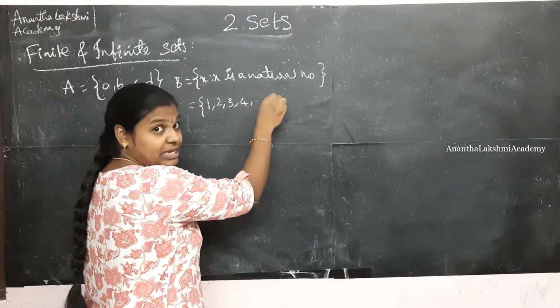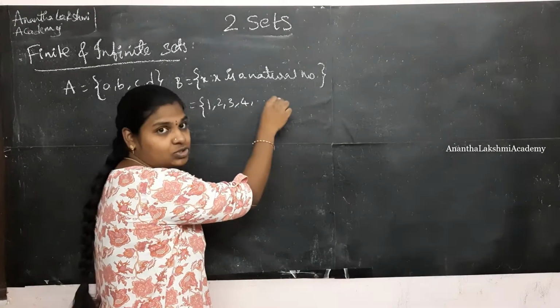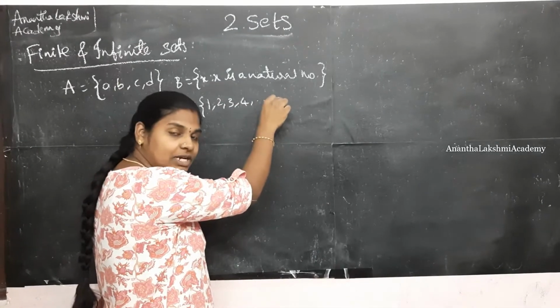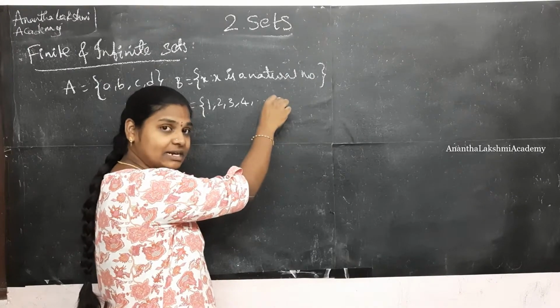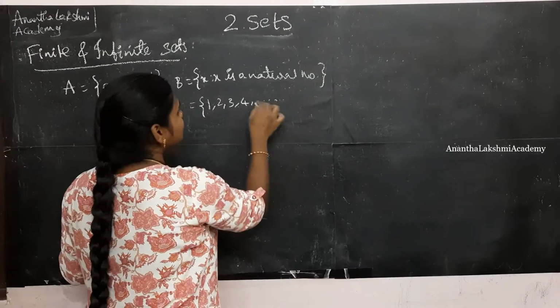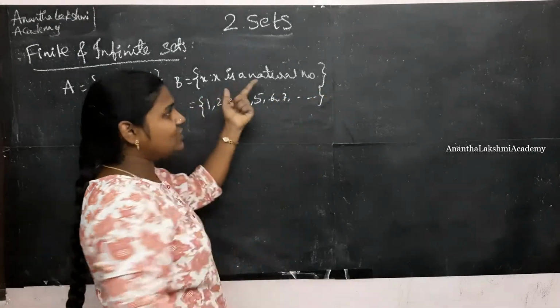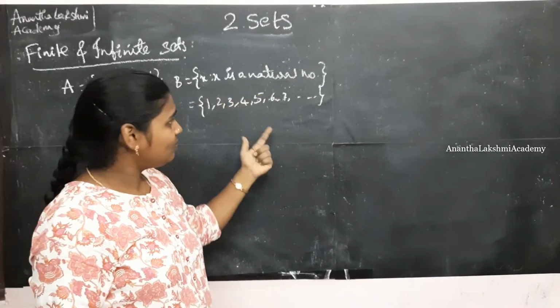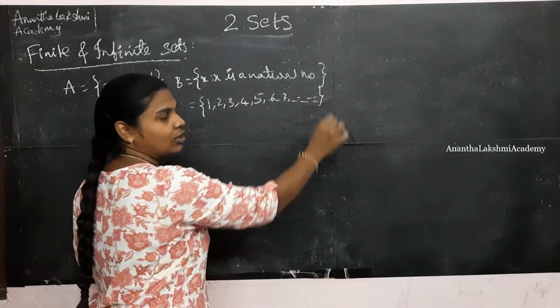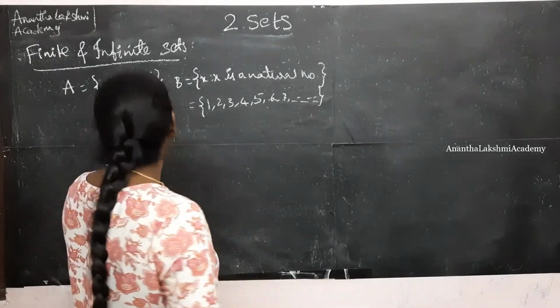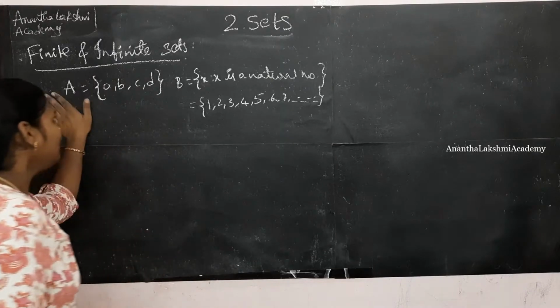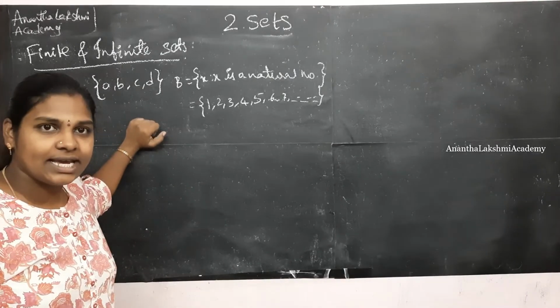If you are not familiar with number systems, please go through the real numbers part 1 video wherein I have explained the number system very clearly. So this goes on 5, 6, 7, 8. Since there is no limit mentioned in the set builder form, I have put 'and so on'. Now, if you look at set A, how many elements are there in set A? 4.